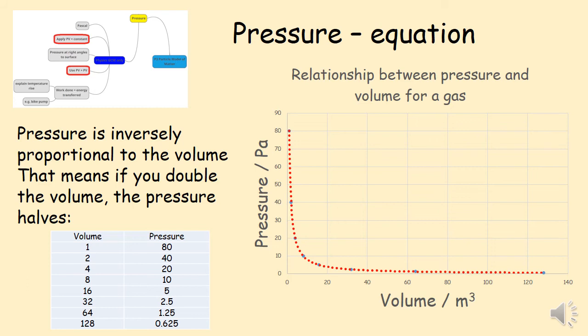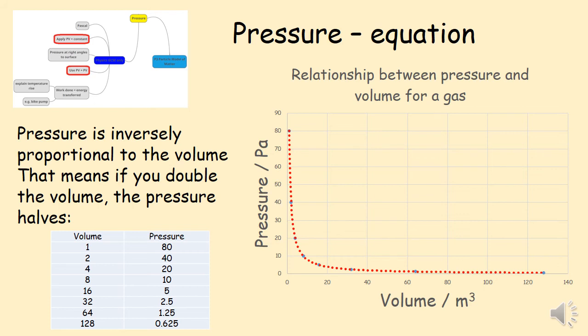The test for whether two things are inversely proportional is that you take the coordinates of each point, multiply them together, and it should always give you the same number. In other words, pressure times volume for this one is constant.